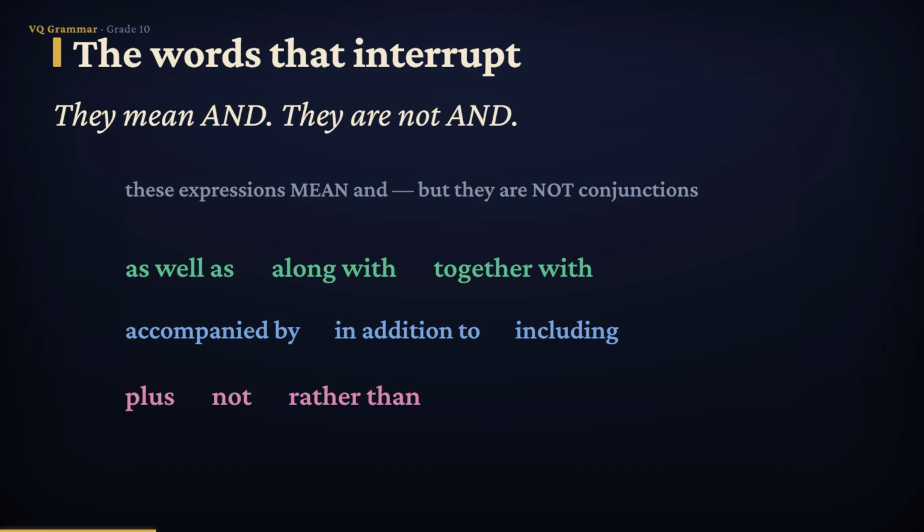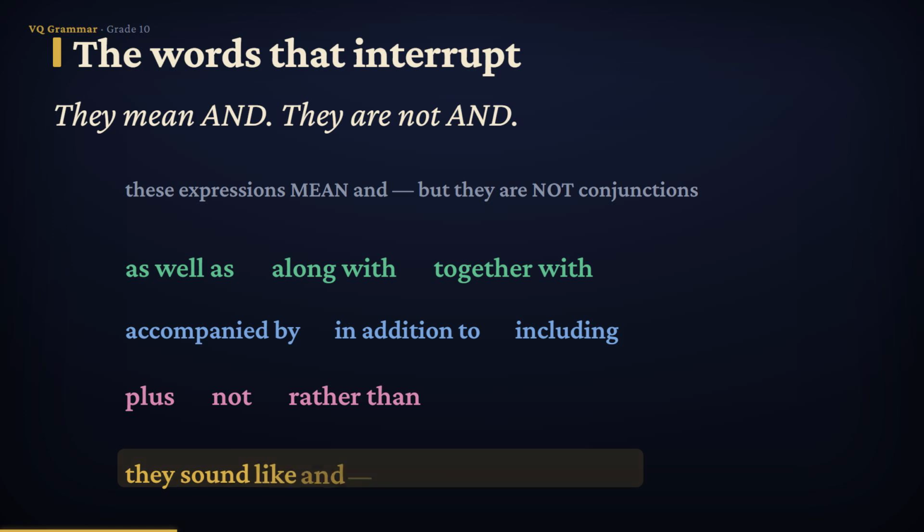Read any of them out loud, and your ear says the very same thing every time. They all feel like the little word and. That is exactly the trouble. They mean something close to and, but they do not act like and. They are not conjunctions at all. They are simply extra description hung on to the subject, writing along inside the commas.